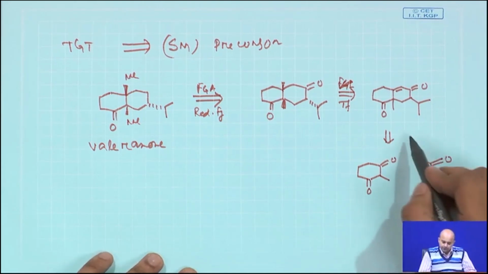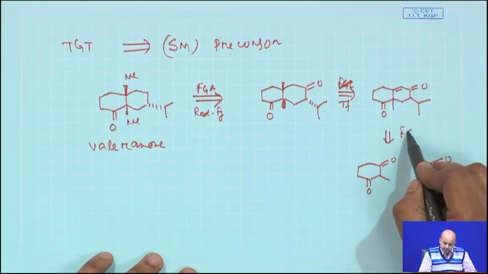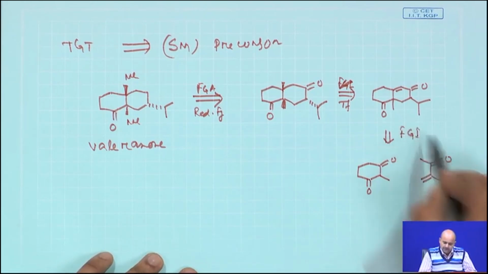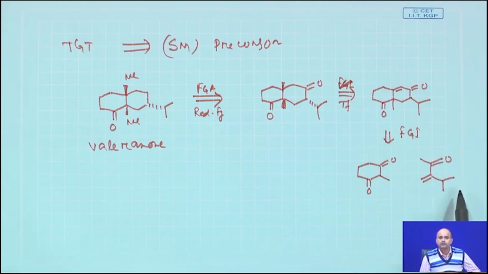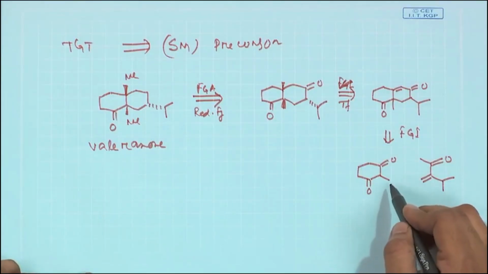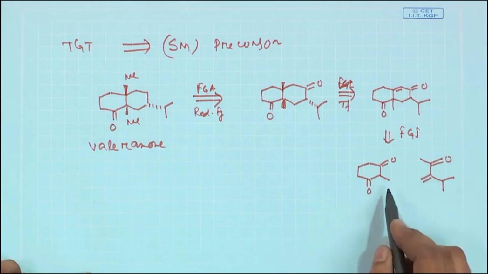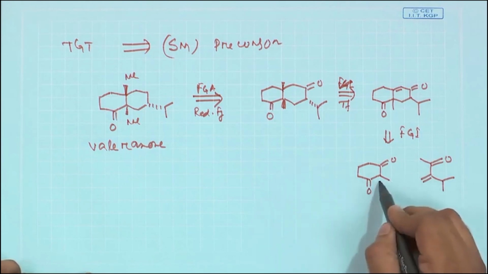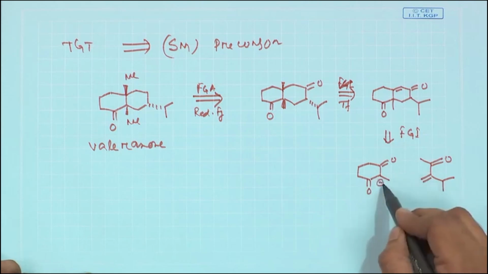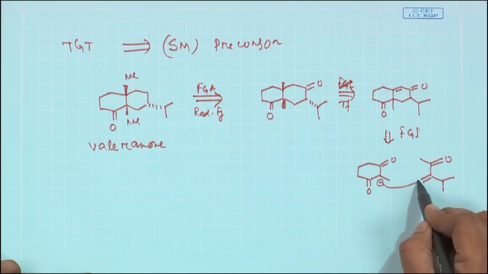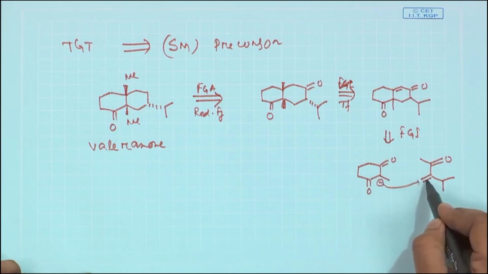Now, this retro is pretty interesting, and it will give you a flavor of our earlier, very well known name reaction called Robinson annulation. In this Robinson annulation, the initial step is Michael. So, this is the Michael acceptor, this is a nucleophile. So, first it will come here.